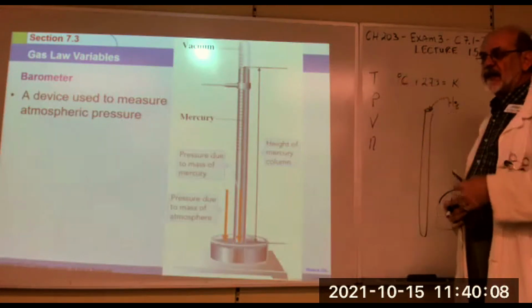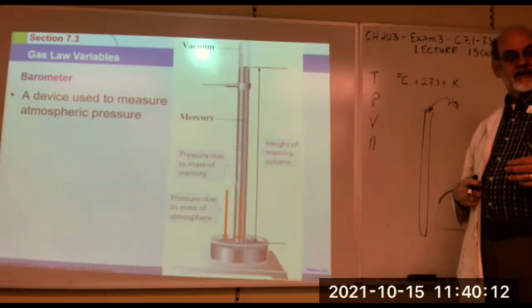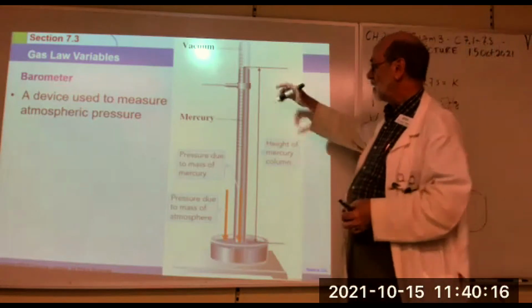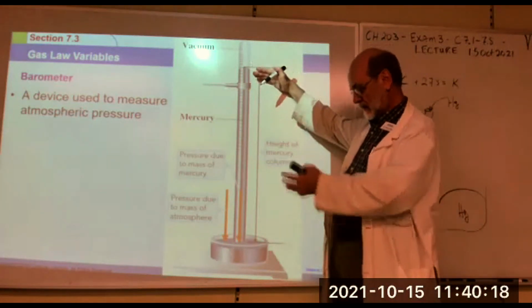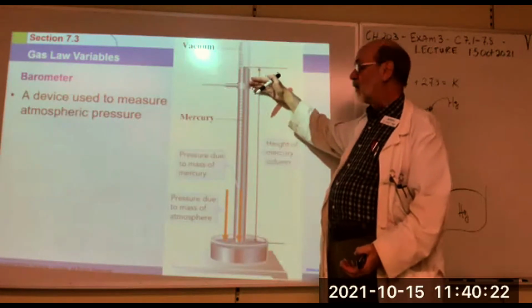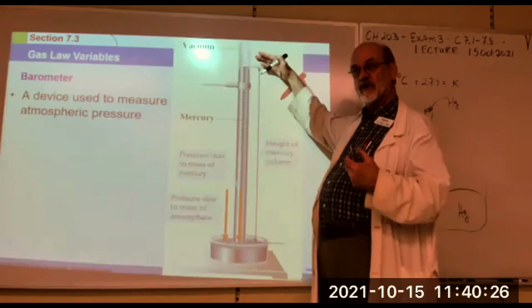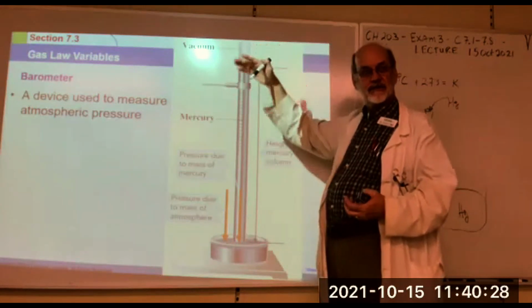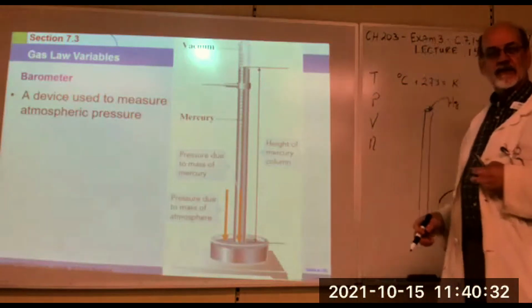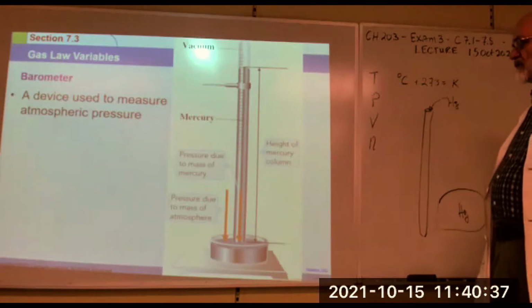Then he just sit it on his desk and leave it there and watch it over time. And pretty soon people realized that if it was dropping, sitting there and just dropping, bad weather's on the way. Or if it was rising, either bad weather had just disappeared or you can expect good weather. So high pressure versus low pressure, we still use that today as an indicator of approaching weather systems.